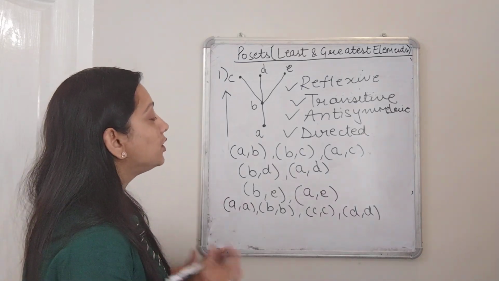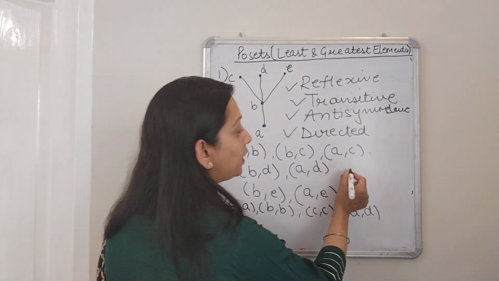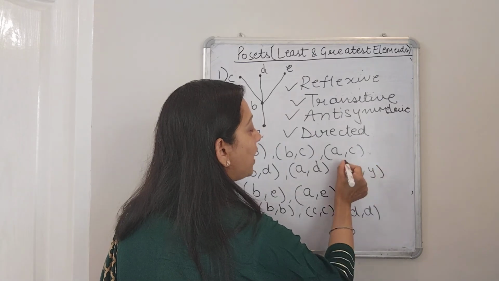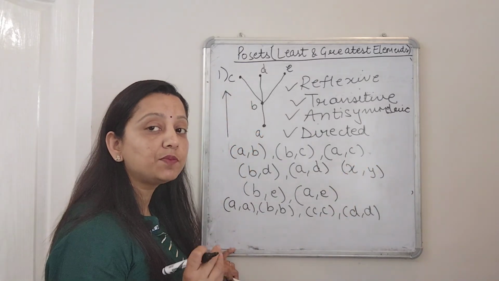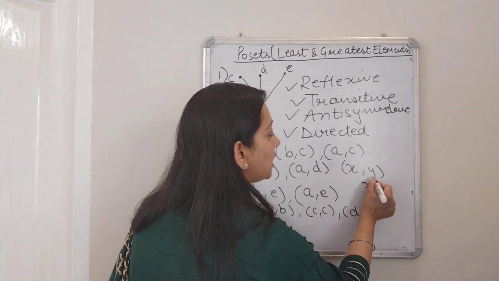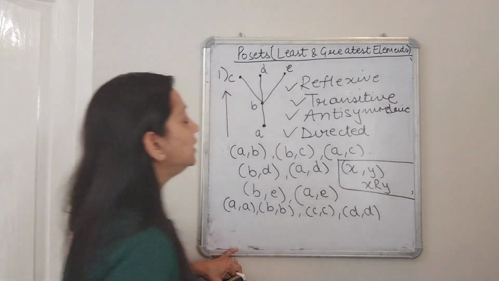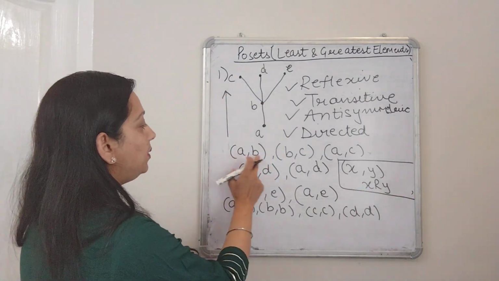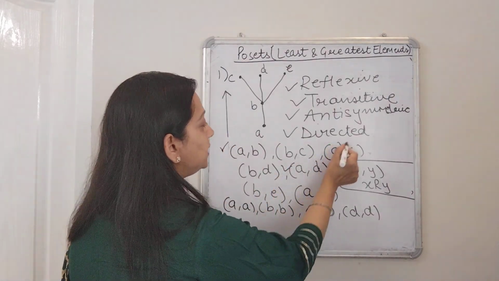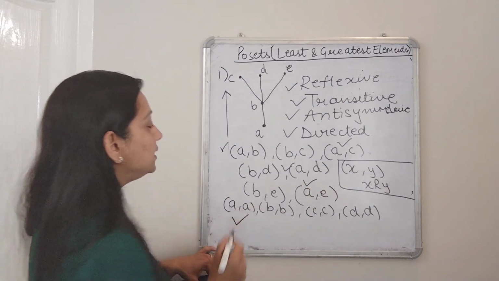First of all I'll see if there is any least element here or not. If I call the least element X, then the ordered pair XY must exist. That means X must be related to every element of the set, or in other words XRY must exist. So let's check if any such ordered pair exists. AB is here, AD is here, AC is here, AE is here, and AA is here.